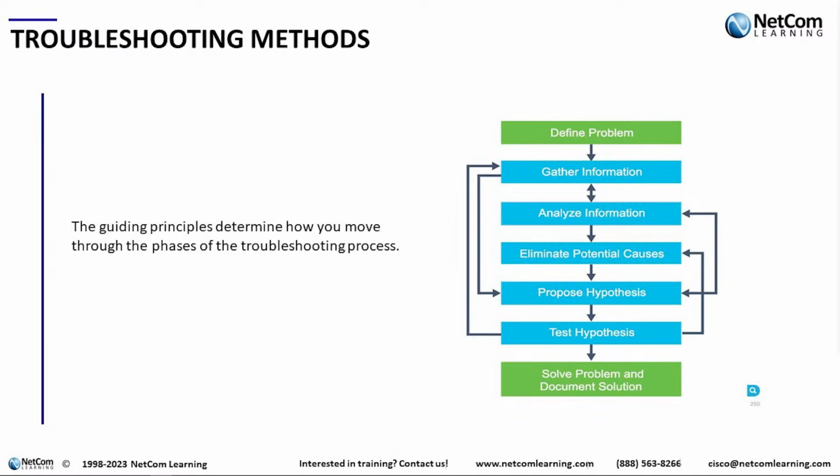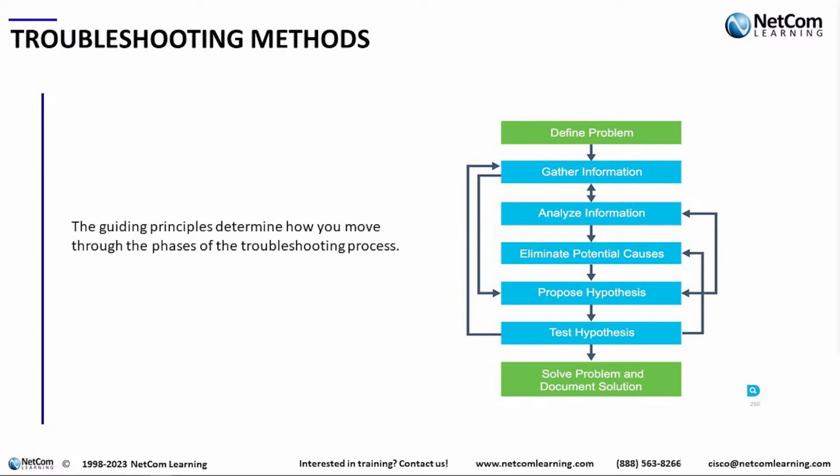So after gathering and analyzing information, eliminating the possible causes, one or more problem causes will still remain. The probability of each of these causes will have to be assessed as the most likely problem that caused this particular issue.